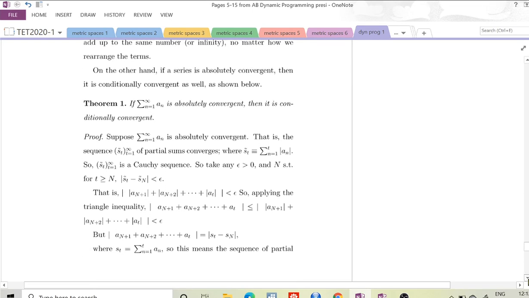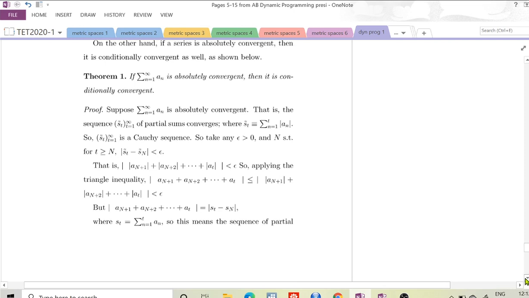We want to flag just one result here, which is that if I have a series that I know is absolutely convergent, then it's also convergent. It's conditionally convergent, right? So we showed in the previous example that the converse is not true. There are series that are conditionally convergent, like the alternating harmonic series, that are not absolutely convergent, right?